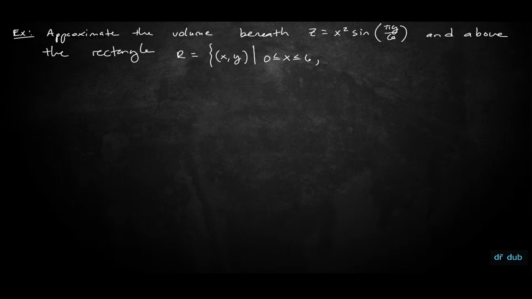So beneath that surface and above the rectangle R equals the set of ordered pairs x, y such that x is between 0 and 6, y is between 0 and 6.